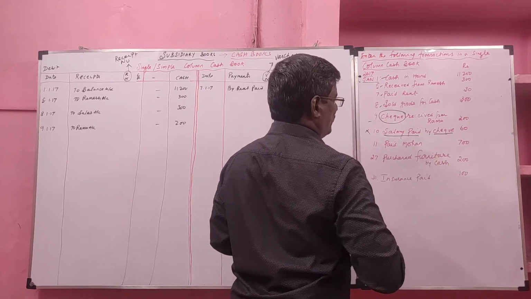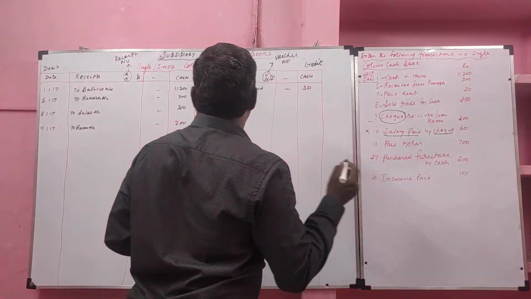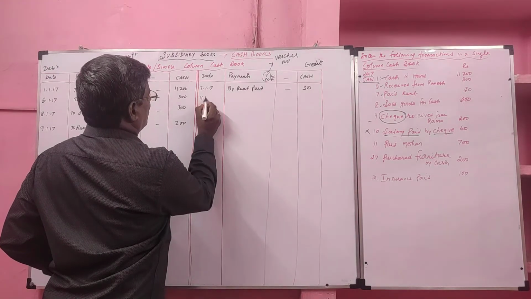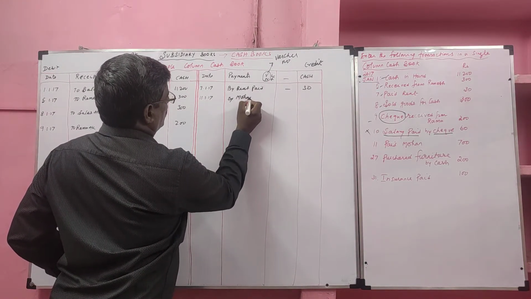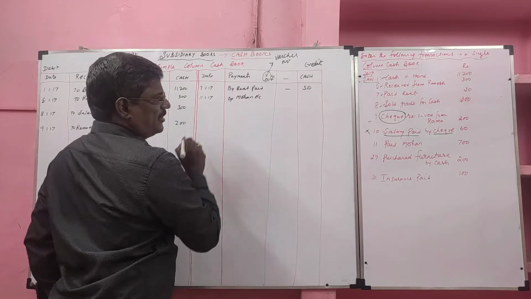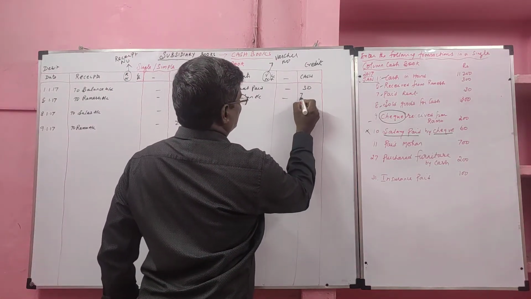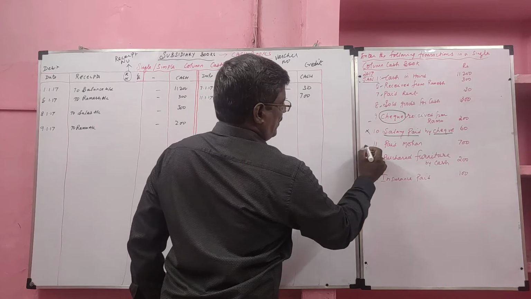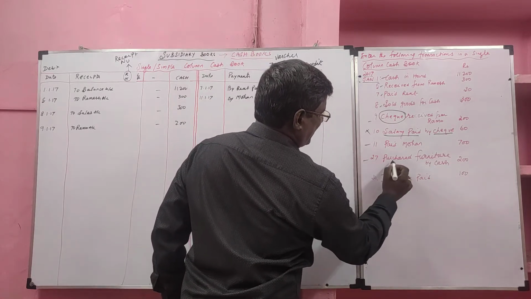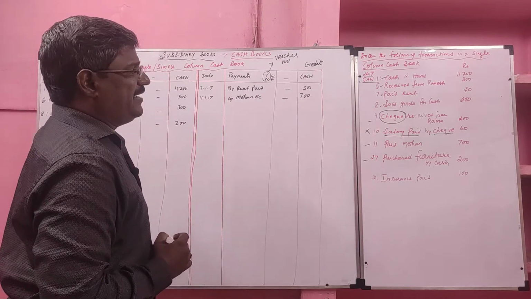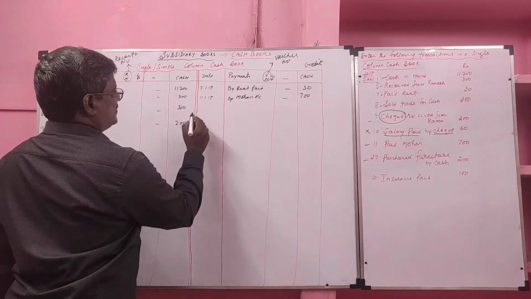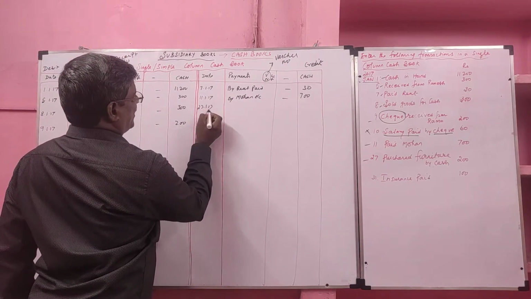Next, paid Morgan. We are making a payment to Morgan. It is an expense, a payment by us, so it will be recorded on the credit side. How much? 700. Next, the 27th. Purchased furniture by cash. It is a payment, recorded on the credit side.